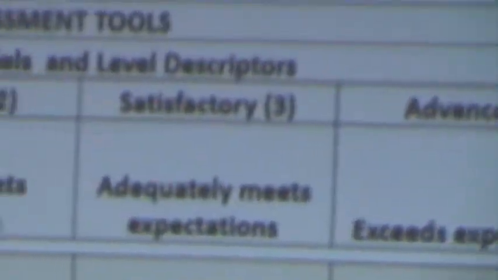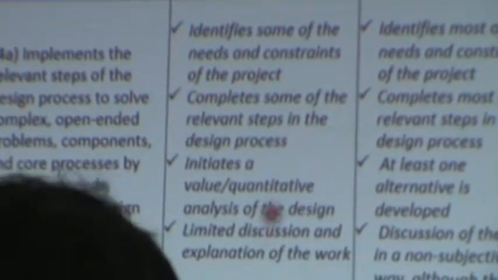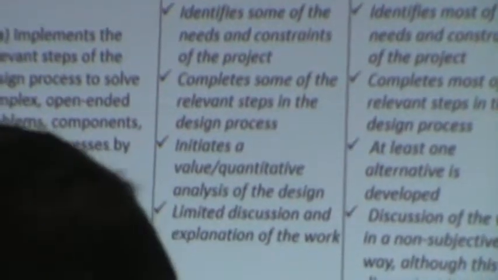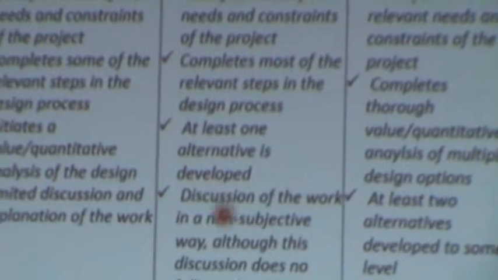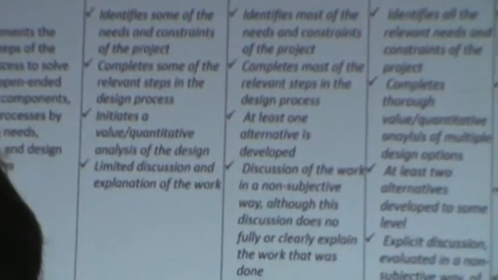For example, in this case, this is the level which fails to meet expectations. In other words, if the student cannot satisfy these results, a failure would be considered. These would be minimum performance levels required. These were adequate performance levels required, and these would be expectations that exceed requirements.